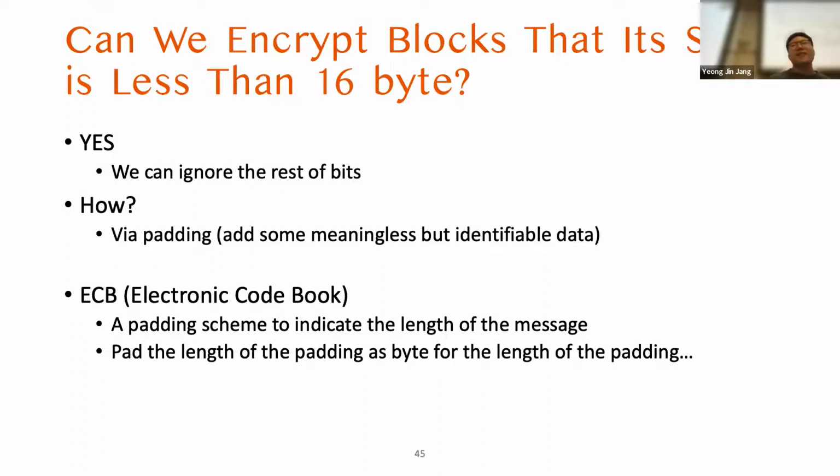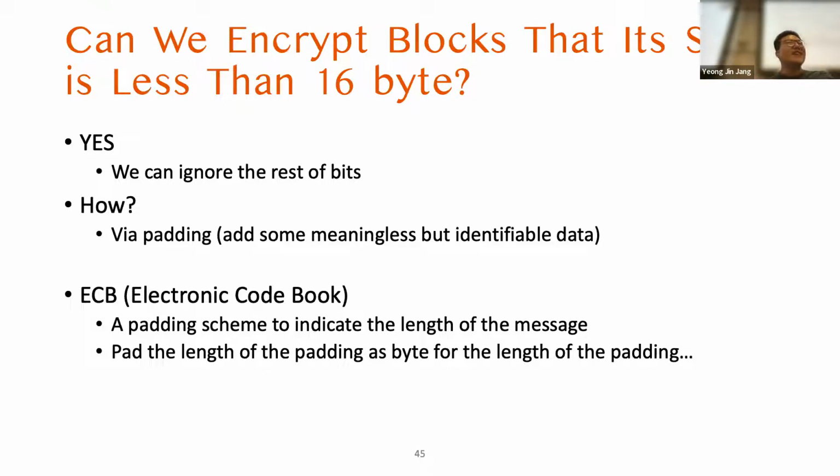But think about the case where we just want to encrypt the number 3. That's 03, 1 byte. If we pad it as 03, 0000000 to make 16 bytes, can we distinguish that from 1 byte of 3 or 16 bytes of 03, 0000000?